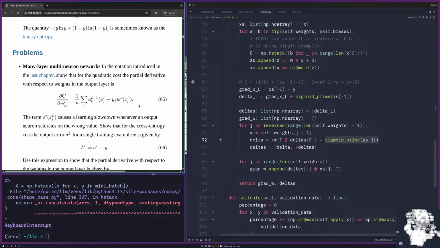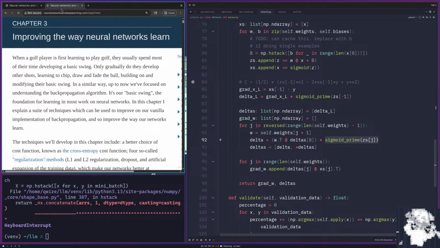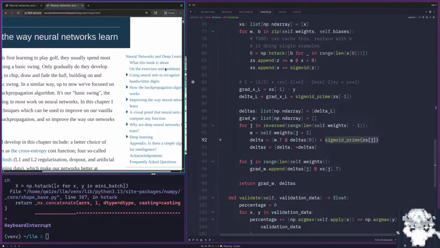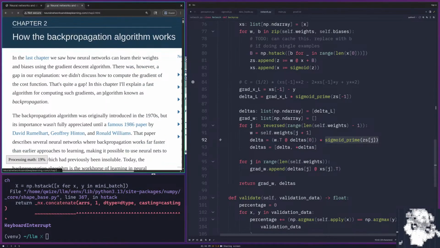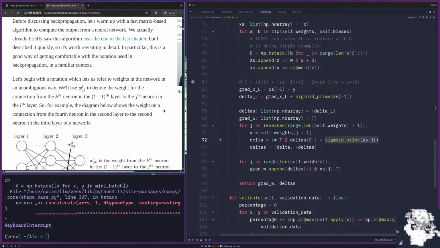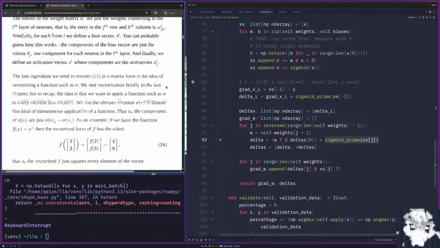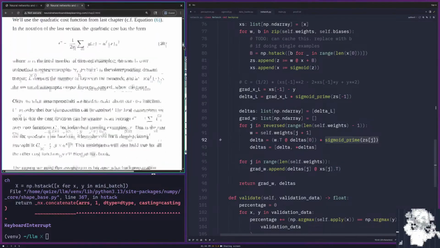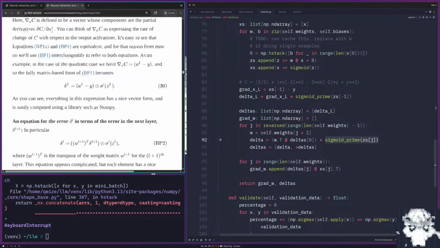So isn't this one of the BP equations? I think I need to open up chapter 2 and pull up the BP equations, or possibly they're in chapter 1.